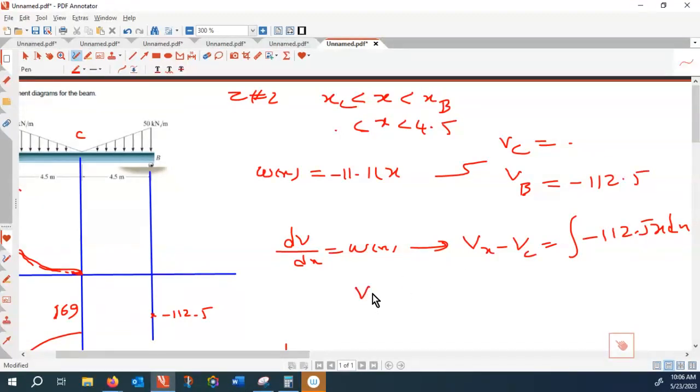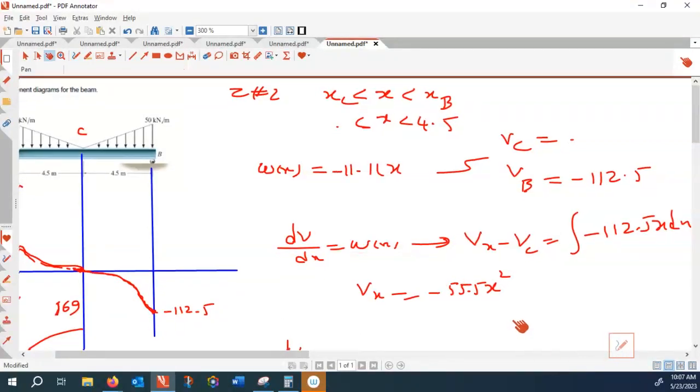This is 0, V of x becomes minus 55.5 x squared. Okay, and if I plot that, this is a quadratic equation with a negative sign. That's a reverse cup, and the reverse cup has its maximum here, so it goes like this. So this is a cusp point right in the middle, the cusp.